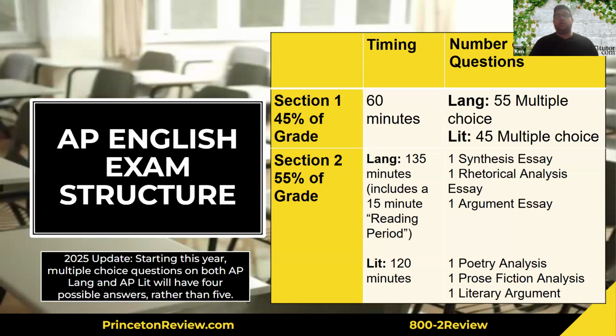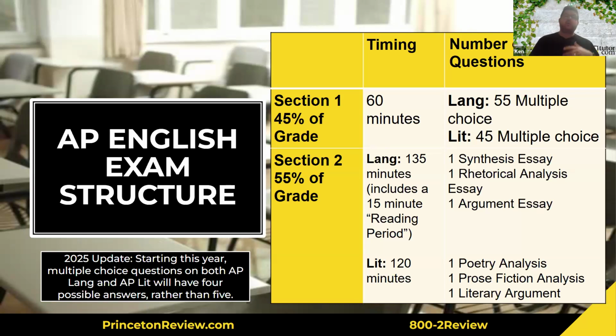Now in Lang, you're going to get 55 multiple choice questions, and some of them are going to be based on a passage, whereas others are going to be based on smaller excerpts. In literature, you get 45 multiple choice questions, and they are all based on passages.